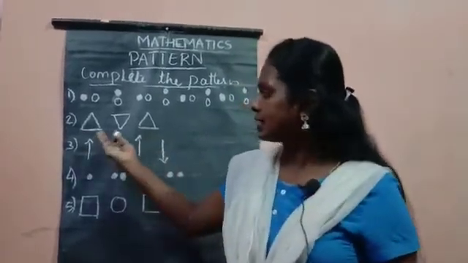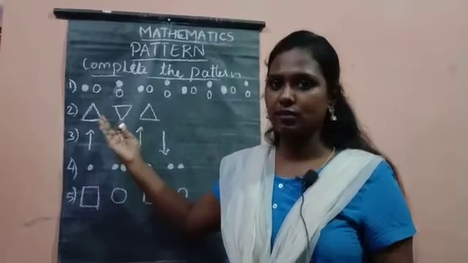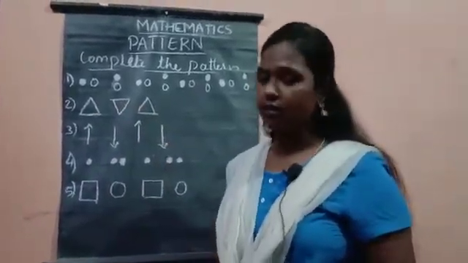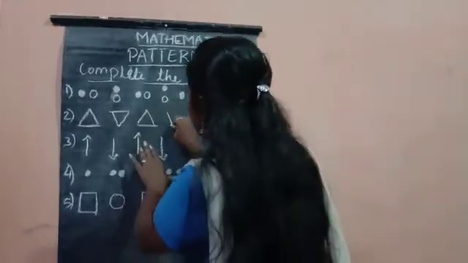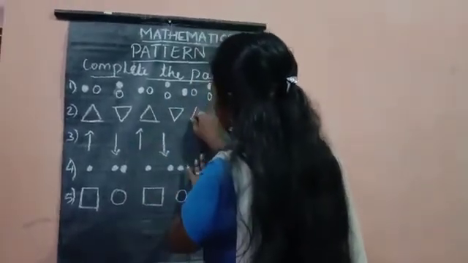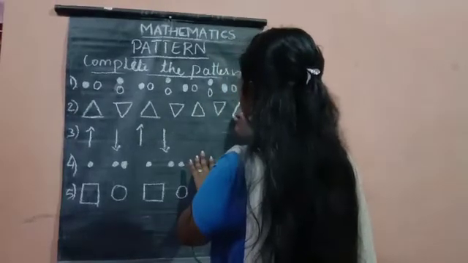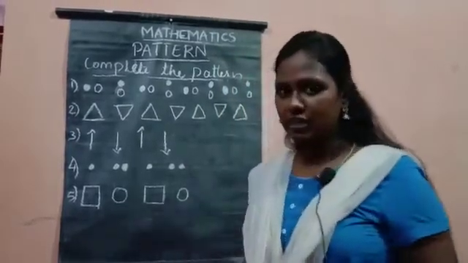Here, in the second example, you have a triangle. So, one is a triangle and the reverse of the triangle, again triangle, again reverse triangle, again triangle. Have you understood?